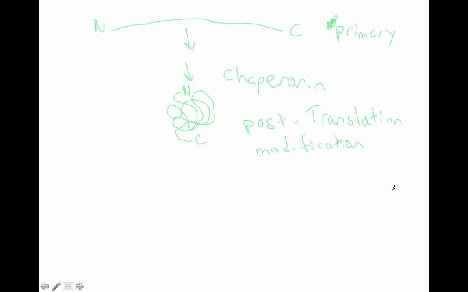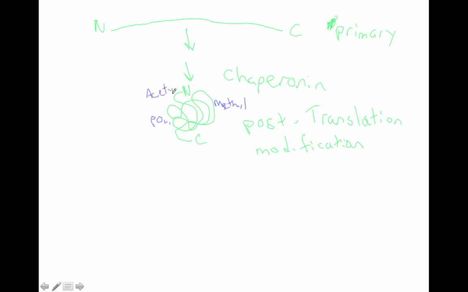And what does this mean? Well, different chemicals now can be added to the protein to give it its fully functional state. Some of these chemicals that can be added to it might be a methyl group. It could be a phosphate group. It could be an acetyl group that's added to the protein.